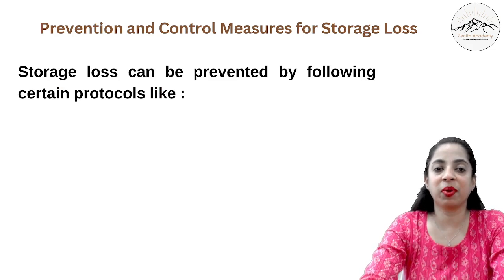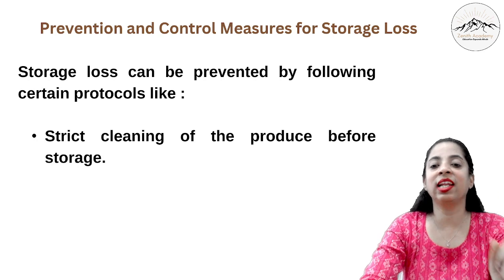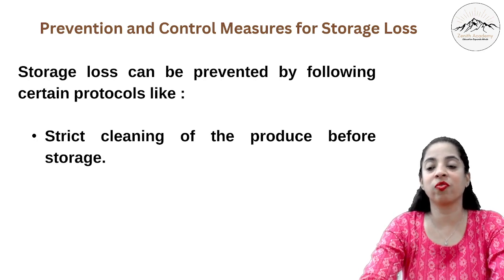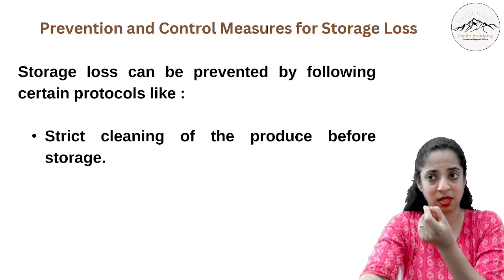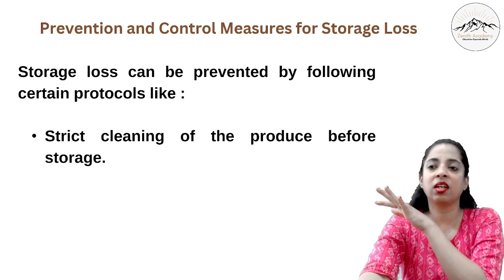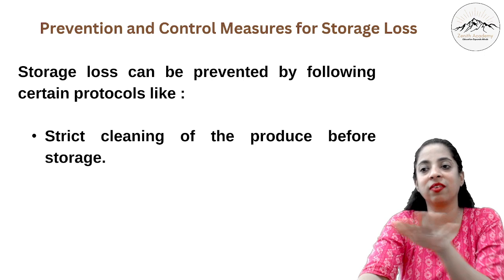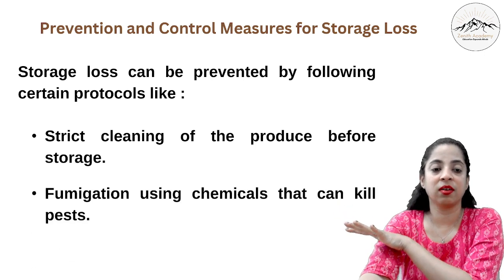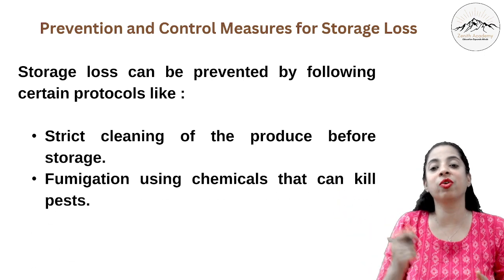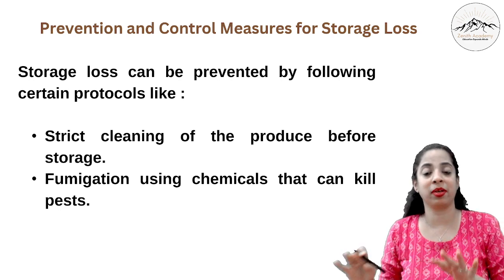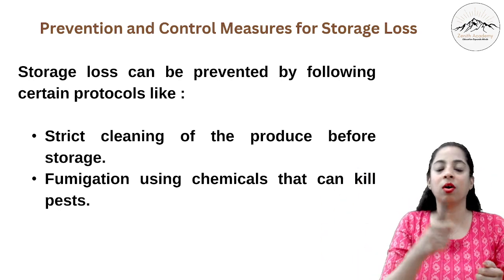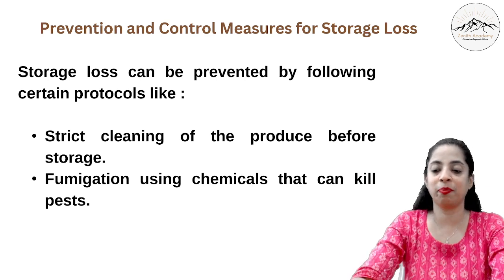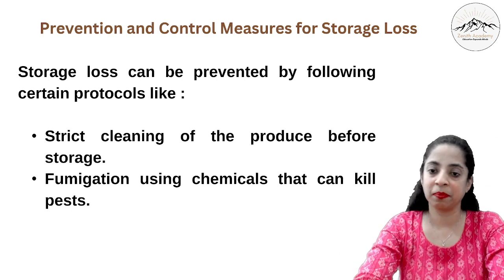Now how can we prevent and how can we control this? Strict cleaning of produce before storage. So when we are storing, we have to clean it properly so that there is no single pest. If there is a single pest, it will keep on multiplying and it will be there on every grain. Second, fumigation using chemicals that can kill pests. So before storing or during storing, you fumigate the whole place. We had seen that picture of the man fumigating it.